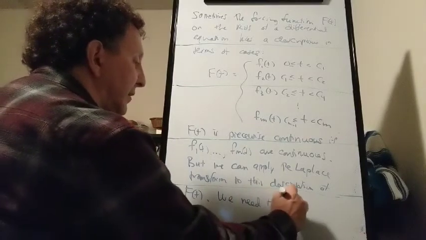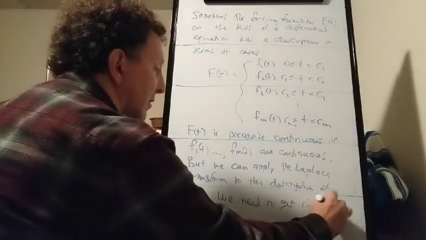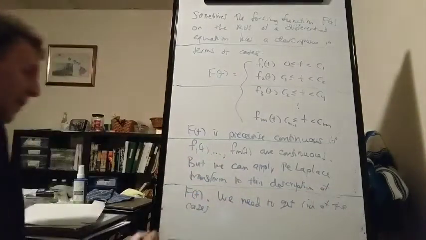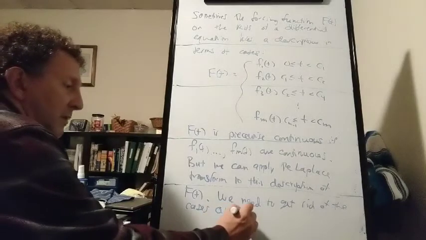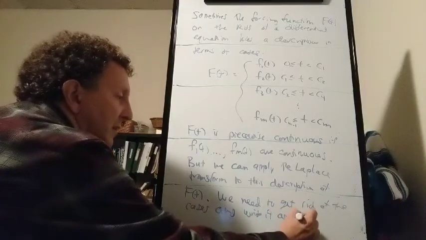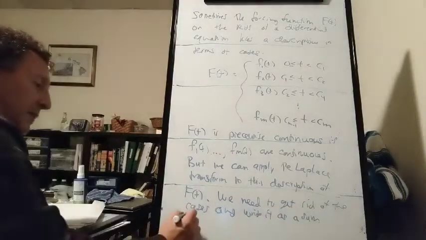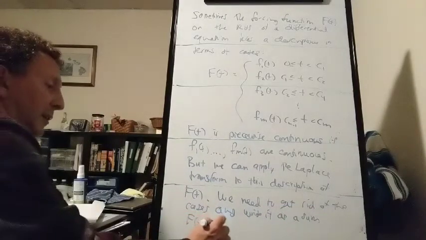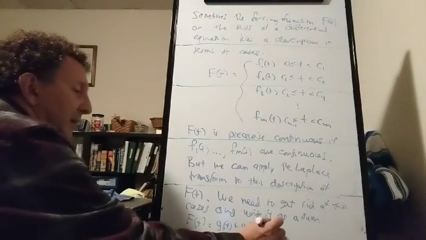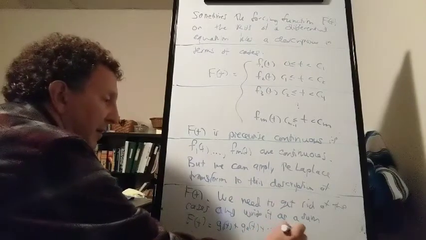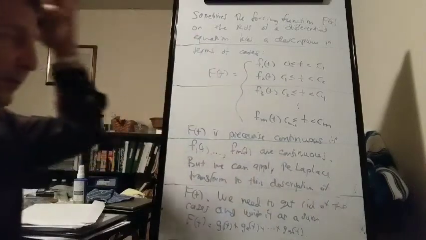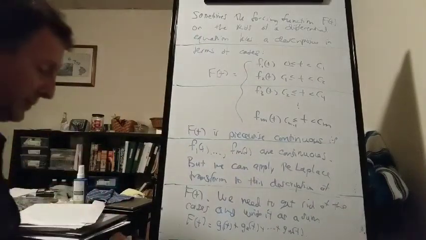We need to get rid of the cases and write it as a sum, something like f of t equals g1 of t plus g2 of t, etc., up to gm of t. So just that, with none of the "for t in between this number and that number."